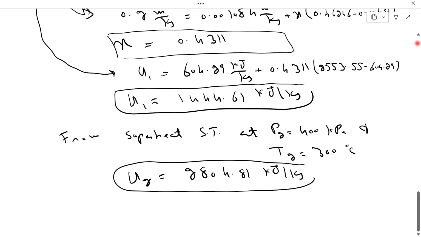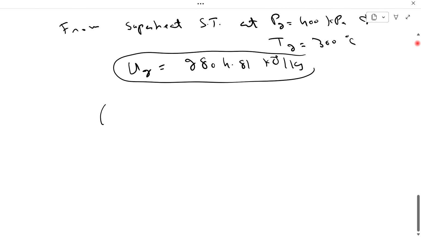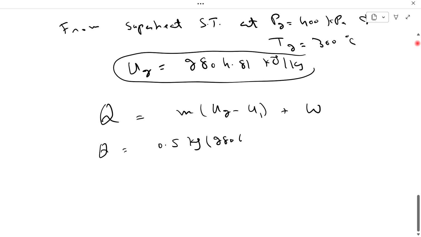Now we use the heat transfer equation already discussed above, plus W. So Q is equal to 0.5 kg times U2, 2804.81, minus U1, 1444.61 kilojoule per kg.